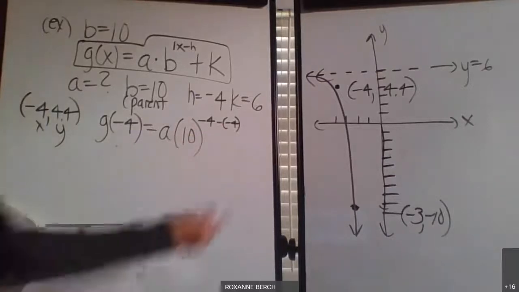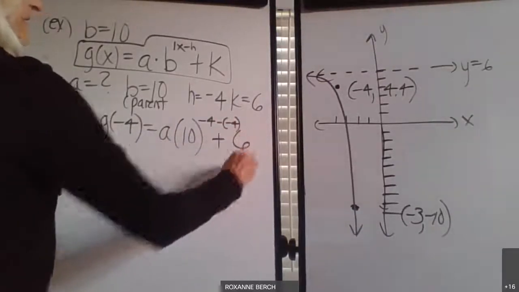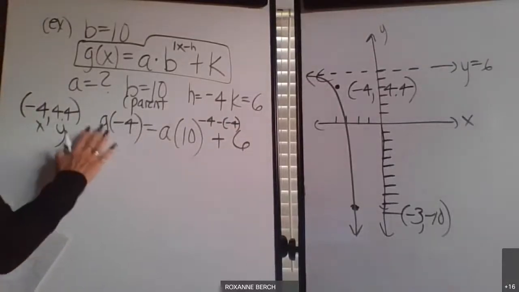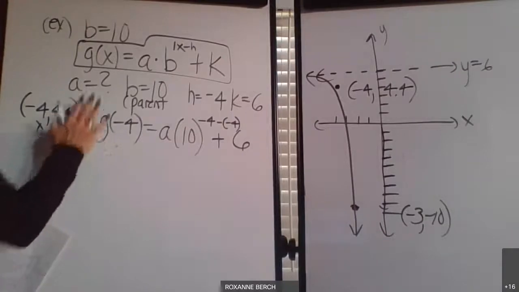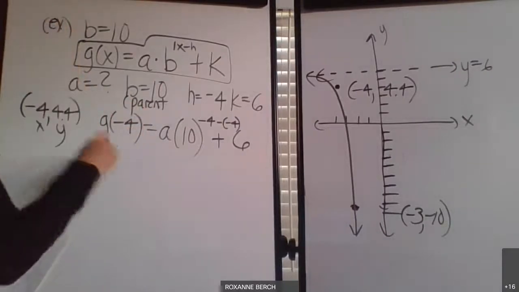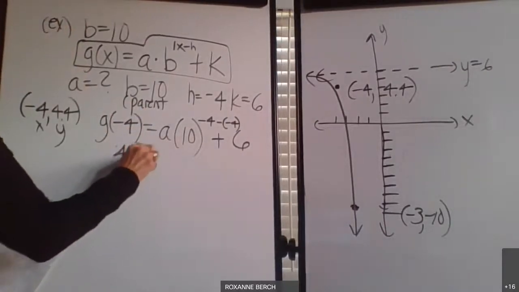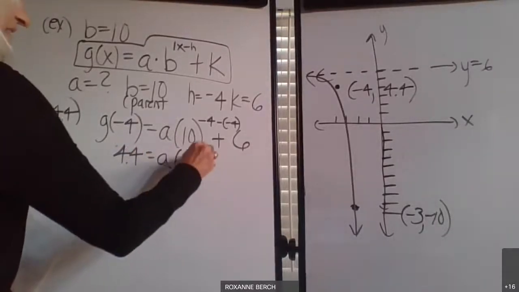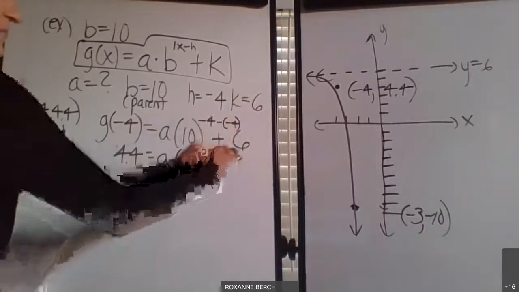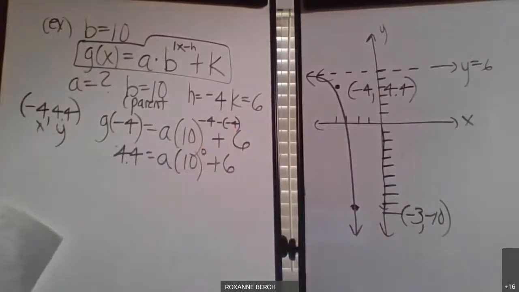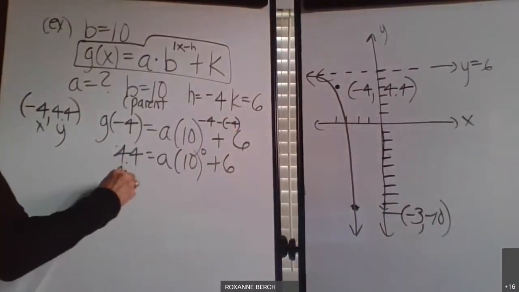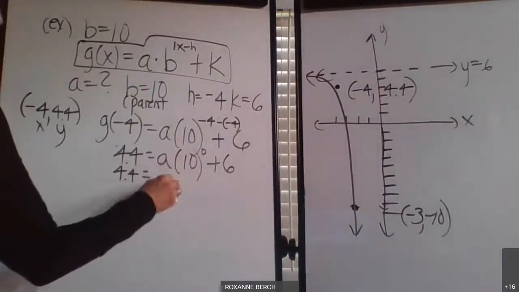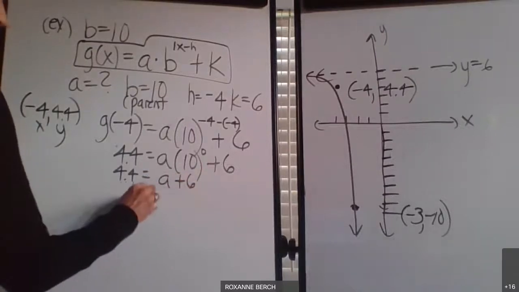A 0 plus 6. So whoever was asking me earlier, this notation is a function which represents y. So we're going to take that out and put 4.4 in. And this ends up being a times 10 to the 0, -4 plus 4 plus 6. So we get 4.4 equals 10 to the 0 is 1, a plus 6.